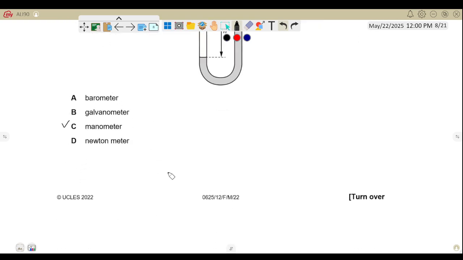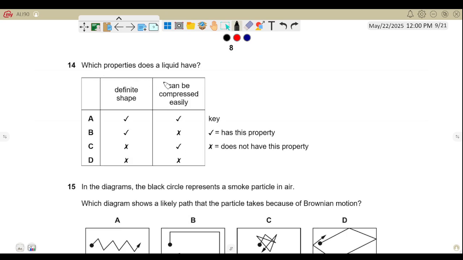The next is about which properties a liquid has. We're talking about a liquid here. So, a definite shape and can be compressed easily. As we all know, a liquid doesn't have a definite shape.